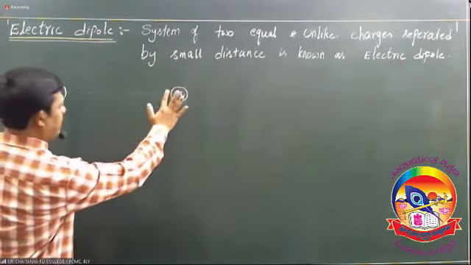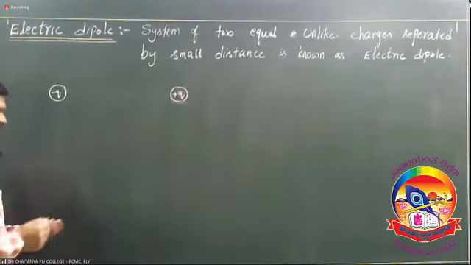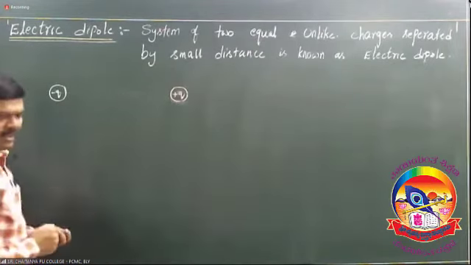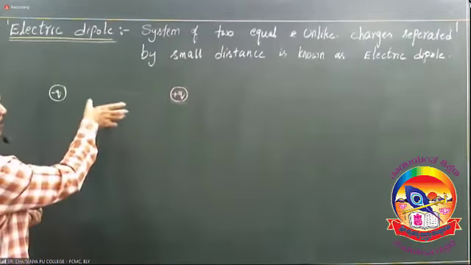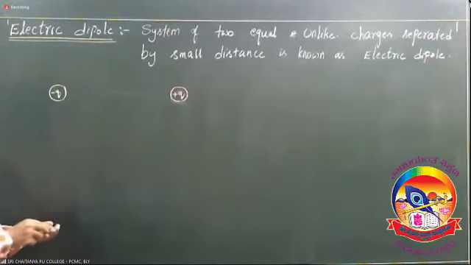And they are separated by, see here, there is a separation. They are separated by a small distance, right? Actually, on the board we are showing a lot of distance, but the distance is very small.